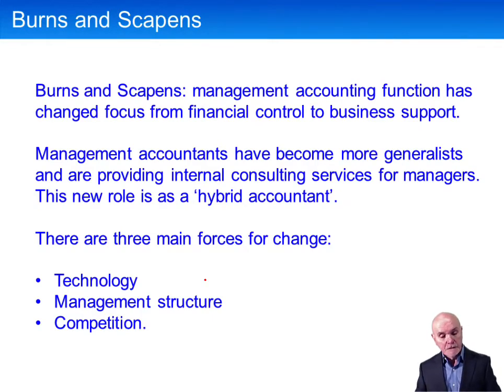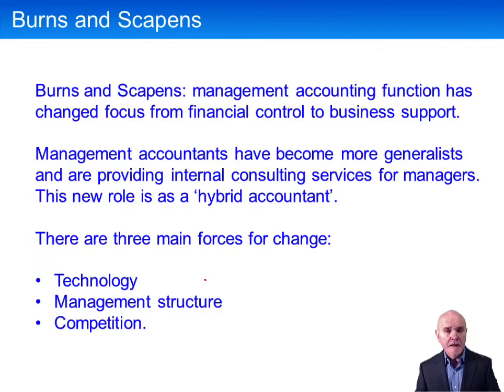Before we get on to looking a little bit more about the strategic planning process, we should mention Burns and Scapens. There has been one question in the past dealing with these writers. And the main point was that the function of the management accountant has now expanded considerably.